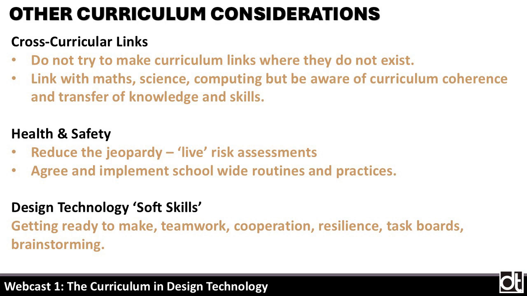When considering this transference of skills and knowledge from one curriculum area to another, this highlights the need for curriculum coherence. And this is about ensuring that if we are asking the children to transfer these skills and knowledge, that they have already been taught them in these subjects, because what we want to avoid is using valuable DT time to teach or reteach learning from elsewhere in the curriculum.